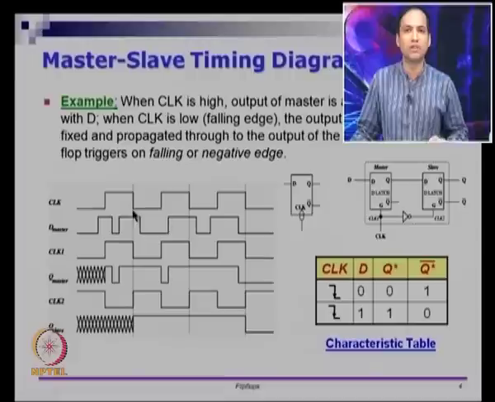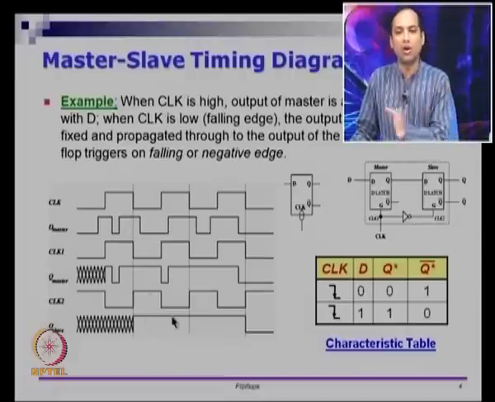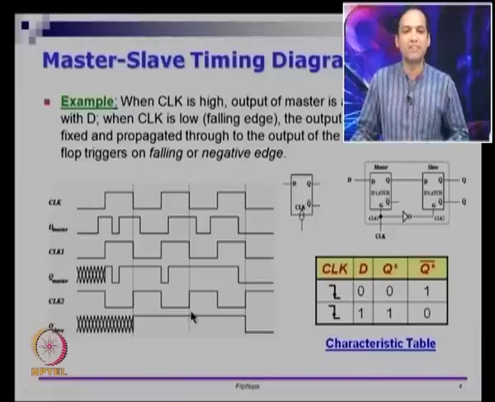On the negative edge of the clock, whatever is in D, I am going to copy that, and in all the rest of the time till the next negative edge comes in, I am not going to care about D. So let us look at the characteristic table. This is a CLK signal, shown as a downward going arrow, which means it is a negative edge.